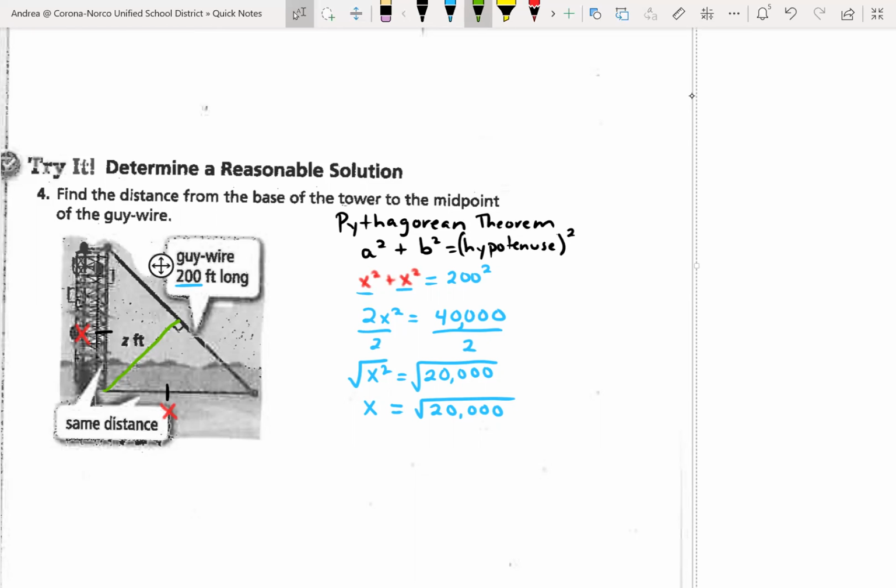Only this time, since the guide wire is 200 feet, they're talking about the midpoint here. What does the midpoint mean? Middle. Okay, cuts it in half.